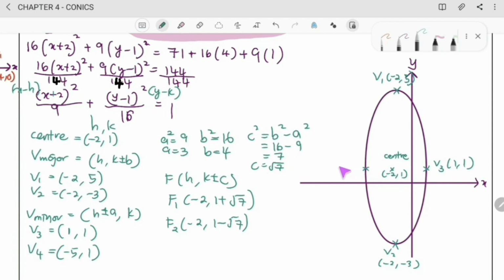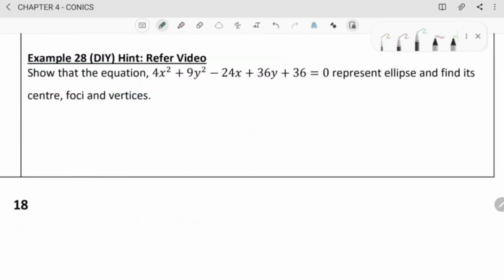And here is v4, negative 5, 1. And then we have foci here. f1 will be negative 2, 1 plus square root 7. And then we have f2 here, which is negative 2, 1 minus square root 7. Then we finish our sketching.